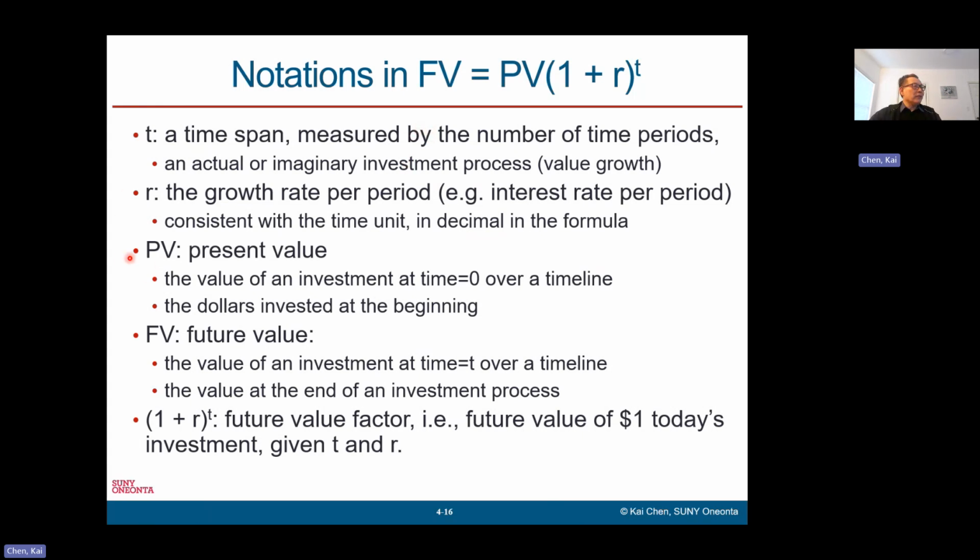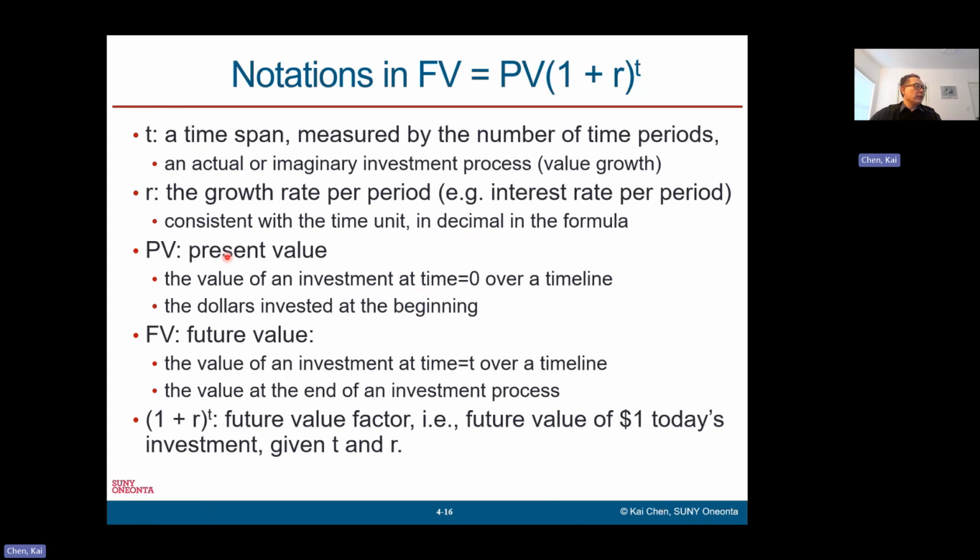And then let's look at the PV. PV represents present value. That is the value of investment at time equal to 0 over a timeline, that is, the dollars you initially invest, or the dollars you invest at the beginning.